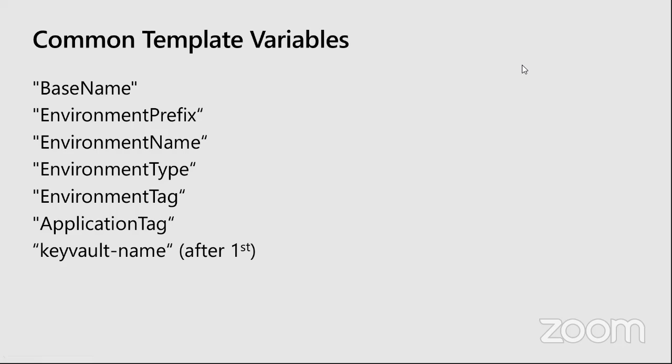Don't need to do that in most of my other environments. And then the environment tag and application tag is basically something that I can use to be able to look at the billing. So if it's dev, I can go pull all of the dev resources by their dev environment tag and basically look at some of that billing information.